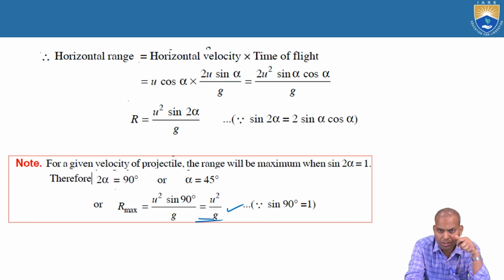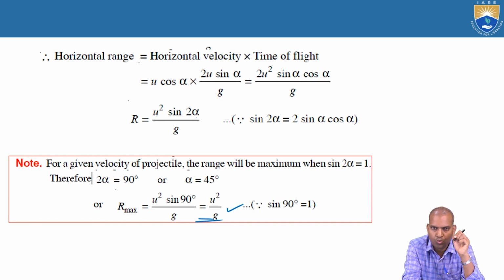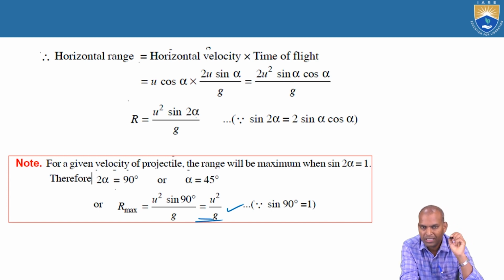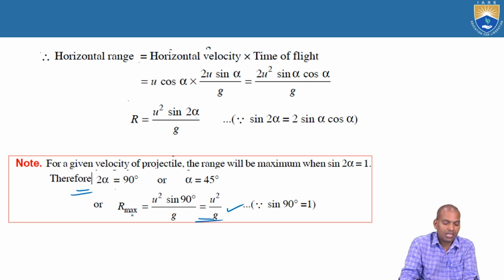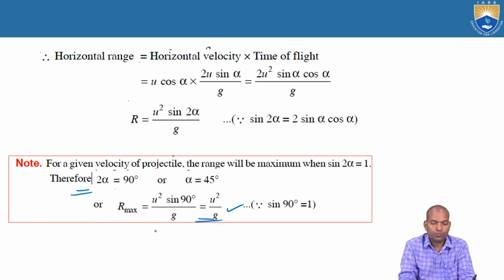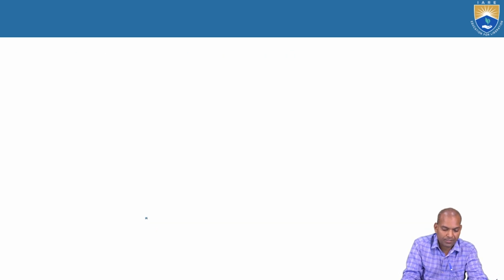For a given velocity of a projectile, the range will be maximum when sin 2 alpha equals 1, that is alpha equals 45 degrees. At that time, the projectile will reach the maximum range. The maximum range equation is R maximum equals u square by g, where u is the initial velocity of the projectile and g is the acceleration due to gravity.